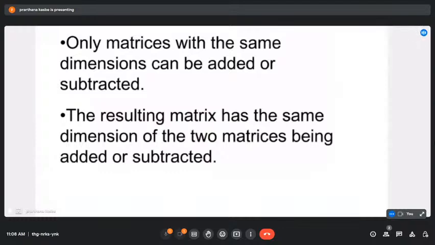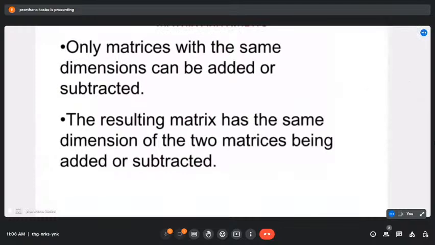It means 2 rows and 2 columns in A bracket and 2 rows and 2 columns in B bracket. That is the same dimension. So you can add the same-dimensional matrices and you can subtract them. The resulting matrix has the same dimension as the two matrices being added or subtracted.